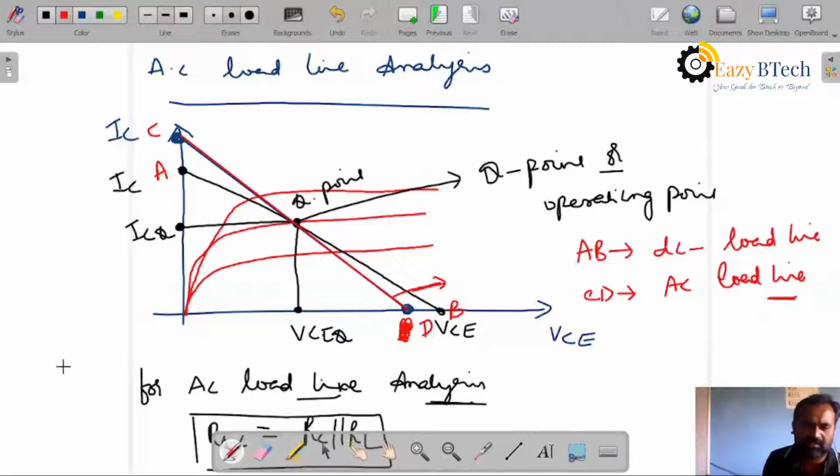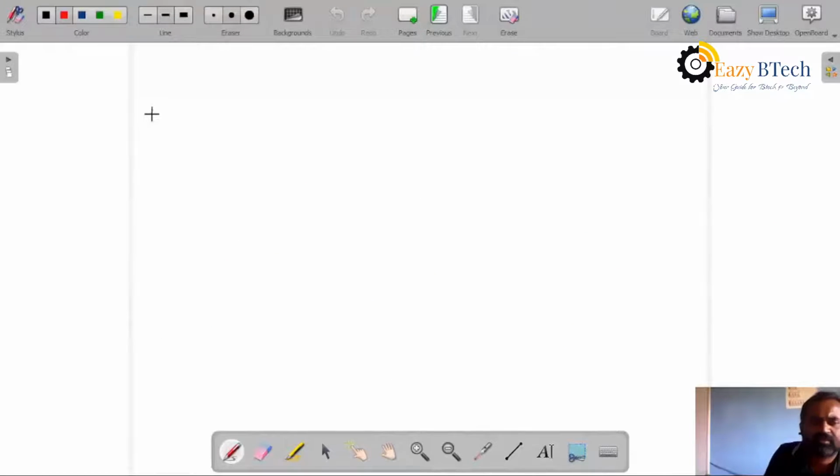To get these equations, we may write VCE is equal to VCEQ, the operating point, plus ICQ into RAC.